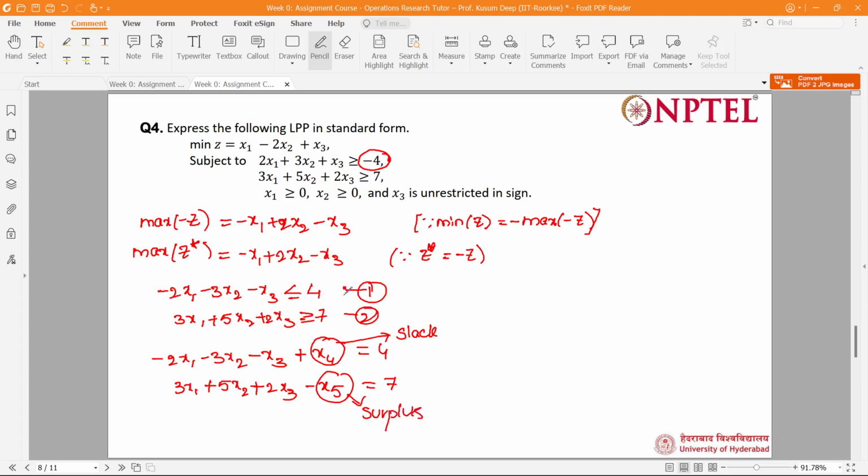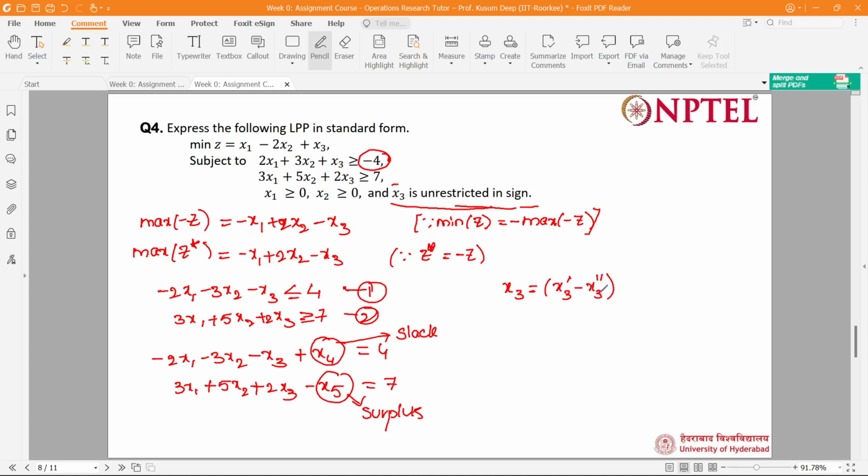So to convert the inequalities into equations, we need the slack and surplus variables in the standard form of an LPP. Another thing to identify here is that x3 is unrestricted in sign. Whenever a variable is unrestricted in sign, we change that variable into the difference of two other variables, that is x3 dash and x3 double dash.